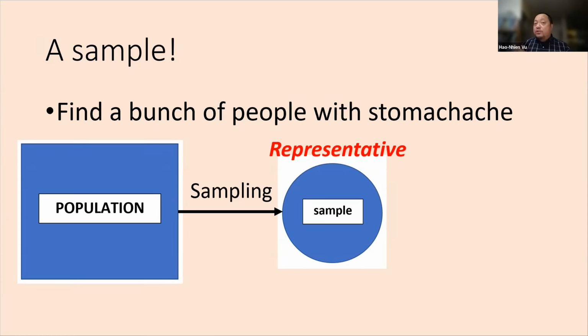And there are two things you need to do to ensure that your sample is representative of the population. One of them is large sample size. In general, a large sample is better than a small sample, all else being equal. When you have a large group of people, you have a better chance of having different kinds of people in it, right?